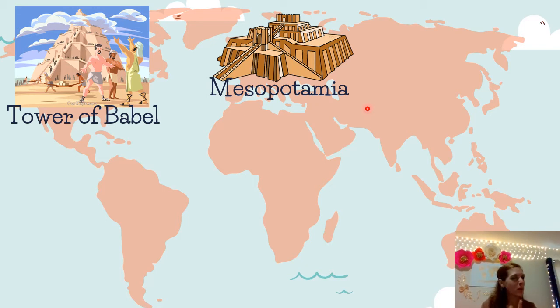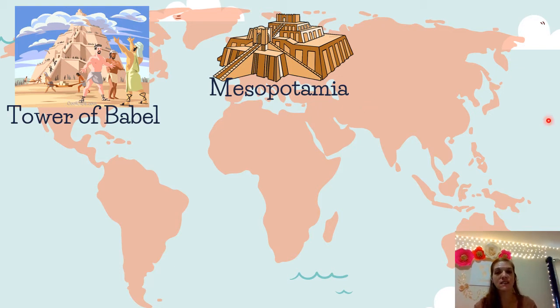Okay, and we're going to talk about how it was so fertile. It was such good ground. So say that word with me, Mesopotamia. Mesopotamia. Okay, Mesopotamia had really famous buildings called ziggurats, but we're going to talk about those some other time.